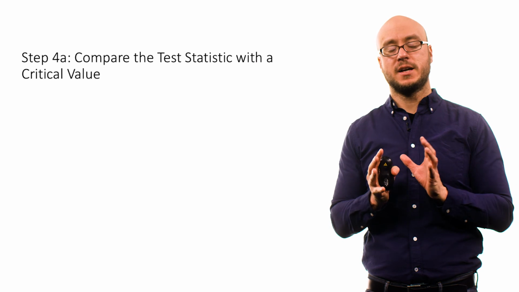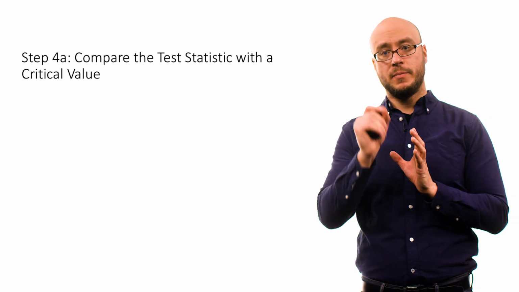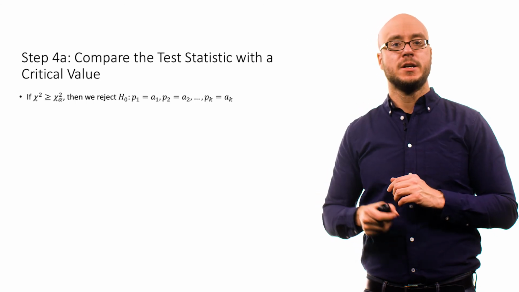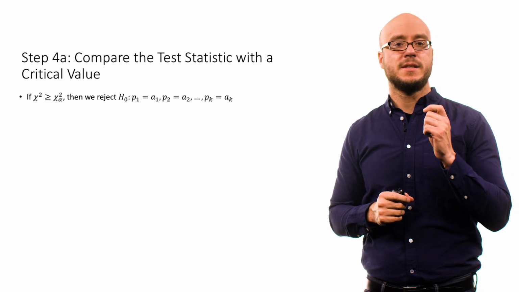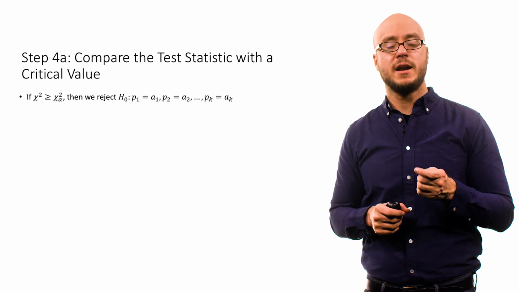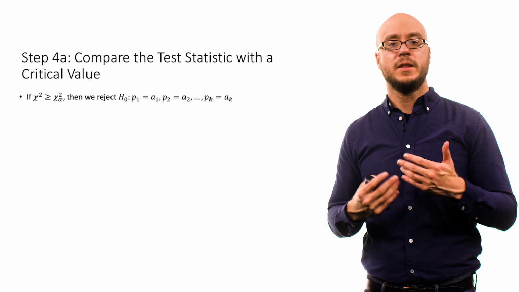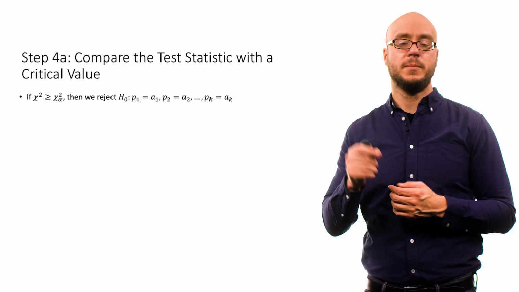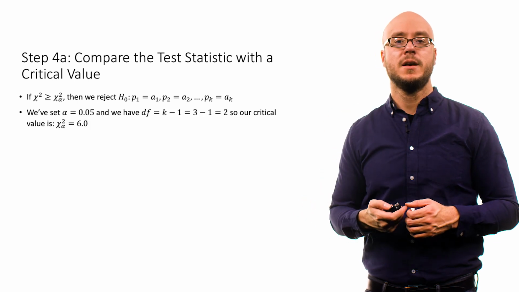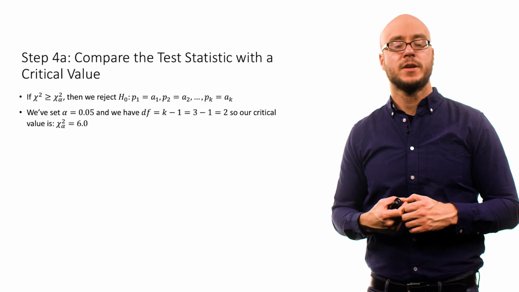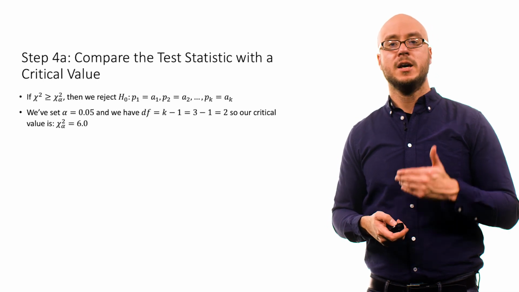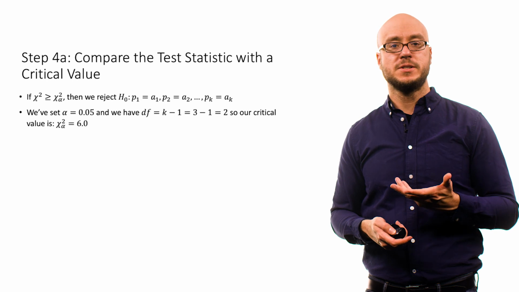So once we've calculated the chi-square test statistic, we can compare it with a critical value. The idea is that if the chi-square test statistic is greater than or equal to the critical value, then we reject the null that the population proportions are equal to the claimed proportions in the population. We've set alpha to 0.05. We have 3 categories, so our degrees of freedom is 2.